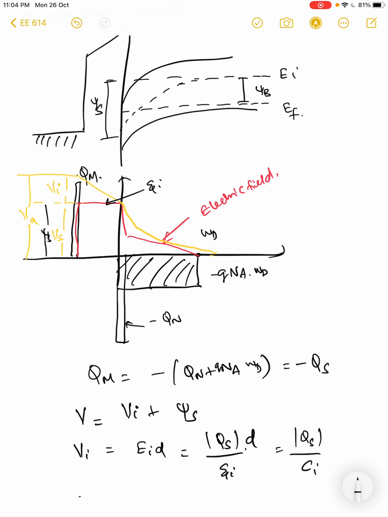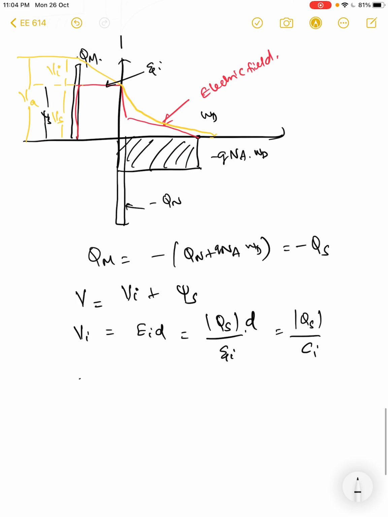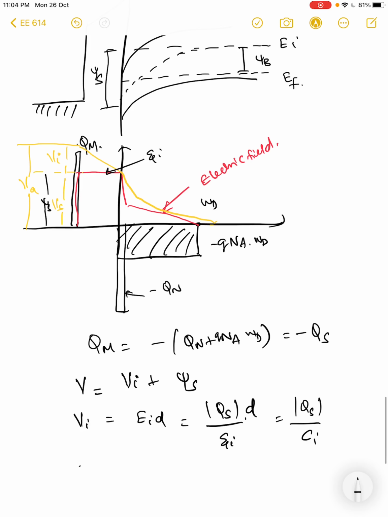So because of the fact that you have an insulator here, you have what is called a capacitance, right? You'll have a geometric capacitance for this insulator. So Ci is the insulator capacitance, and we previously saw that the semiconductor will have what is called a depletion capacitance, which is coming from the depletion width at the metal semiconductor interface, and then now you have an insulator capacitance.